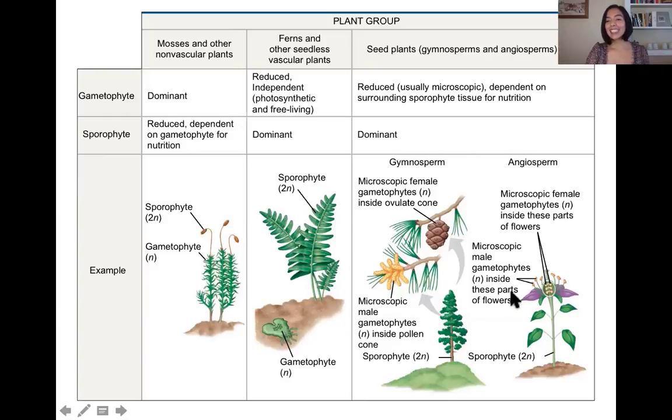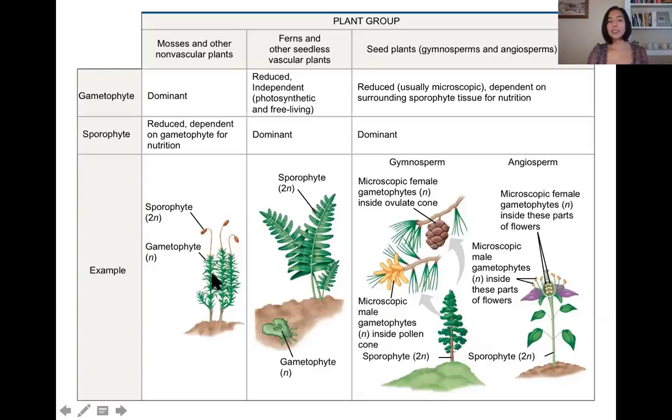And in seed plants, we are going to have this dominant sporophyte as well. In conifers, we have these trees, for example, and in angiosperms, these flowering plants will produce the flowers. This is part of the sporophyte. Those structures are the dominant sporophyte. And the gametophyte, well, is haploid.